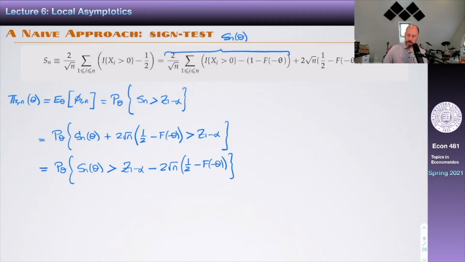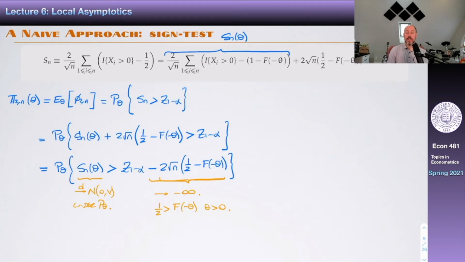So this guy converges in distribution to a normal with mean 0 and some variance under P theta. Just said that in the previous slide. And then this guy, all that term diverges to negative infinity. Why? Because 1/2 is greater than F of negative theta, because theta is positive and F is symmetric.